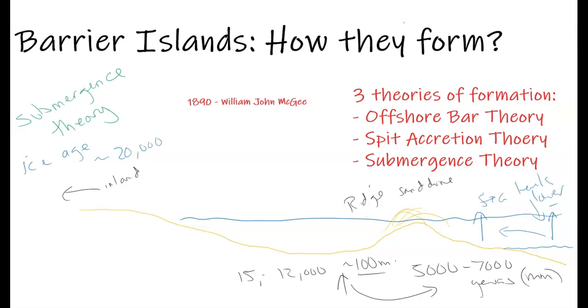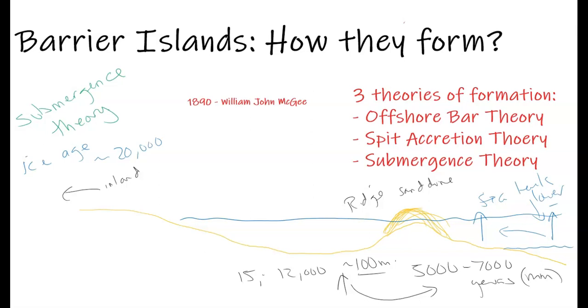Now, you might still get a combination of the sandbar offshore bar accretion theory, but you have this submergence where now you have a submerged area, and the accretion of the sandbar or the shoal or the increase in the already existing barrier island a little bit to form this situation.